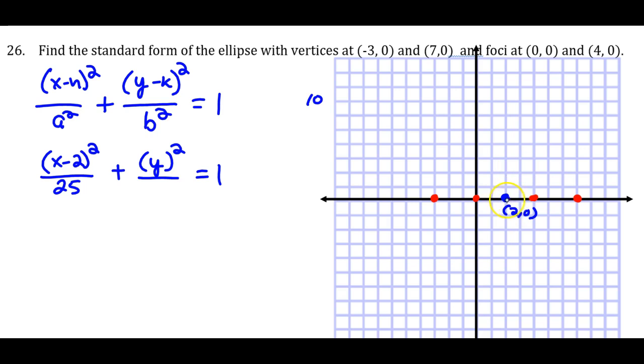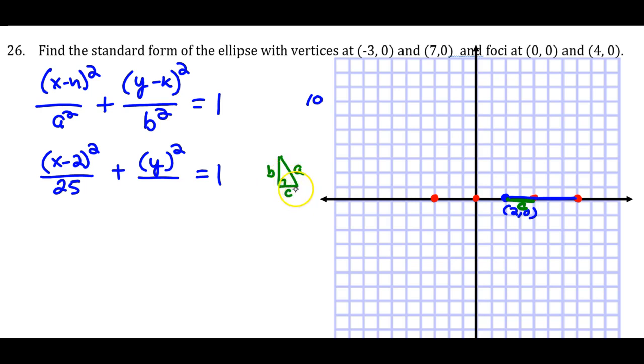Remember, I know that this right here is a, and the distance from the center to this focus right here, we call that c. If I were to take this blue line right here and slide it to c and point it up, I would have a triangle that looks like this, where this is b, c, and a.